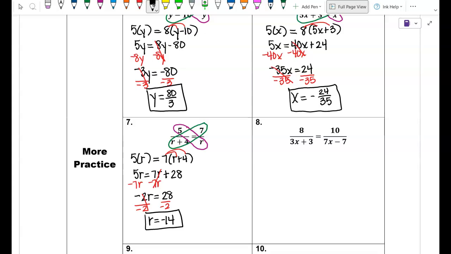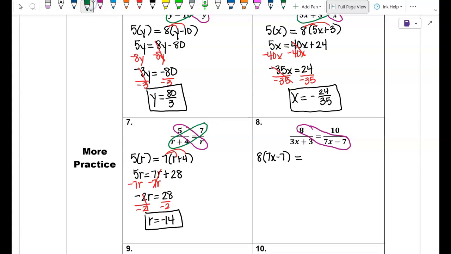Number 8, 8 over the quantity 3x plus 3 equals 10 over the quantity 7x minus 7. So now in number 8, we're going to end up with two quantities. So we're stepping it up another level, but still the same way to solve. We look at one diagonal here. So on one side, I'm going to have 8 times the quantity 7x minus 7.